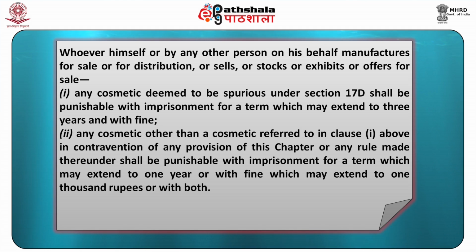Similarly, any cosmetic other than a cosmetic referred to in clause 1, as we have already studied above, in contravention of any provision of this chapter or any rule made thereunder shall be punishable with imprisonment for a term which may extend to 1 year or with fine which may extend to 1000 rupees or with both.